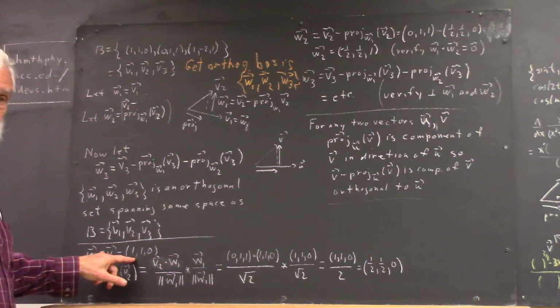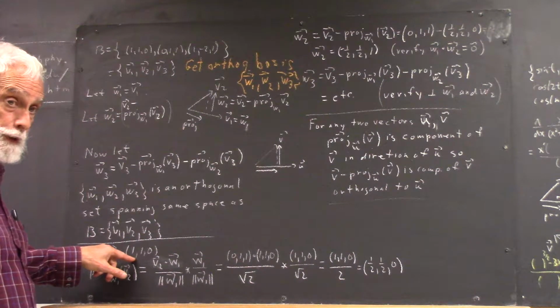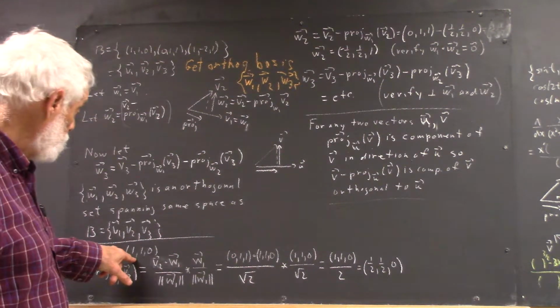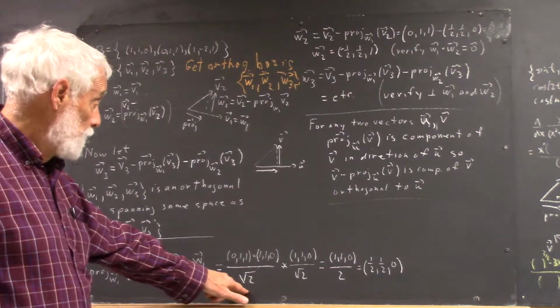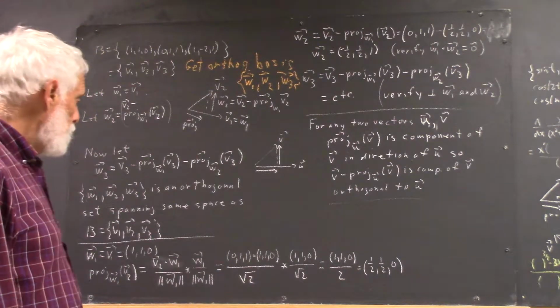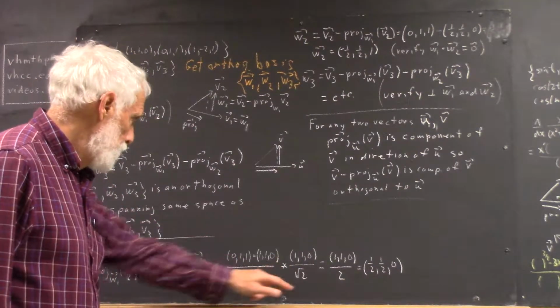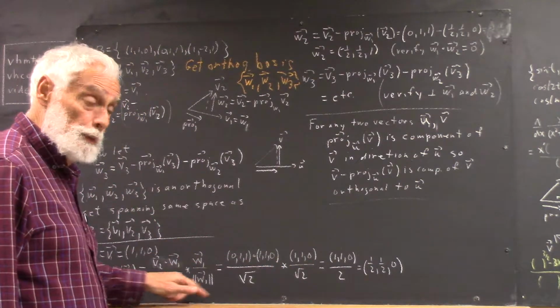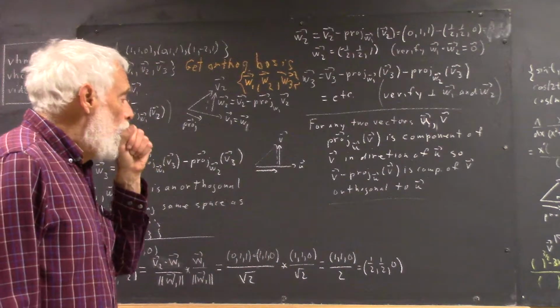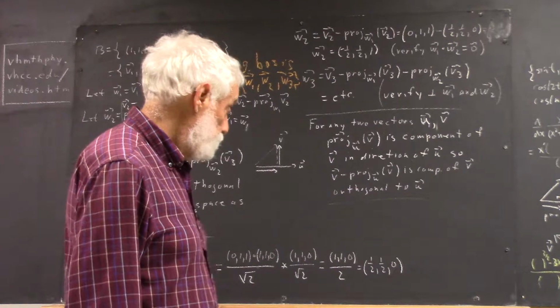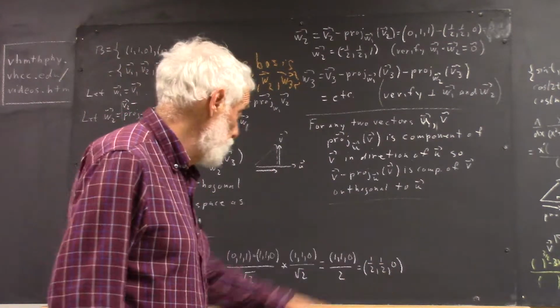It's easy to verify the magnitude of this vector, square root of the dot product with itself, or Pythagorean theorem if you like, is square root of 2. And then we multiply that by the vector 1, 1, 0 divided by square root of 2, the vector W1 divided by its magnitude. And we get 1, 1, 0 over 2, which is 1/2, 1/2, 0.